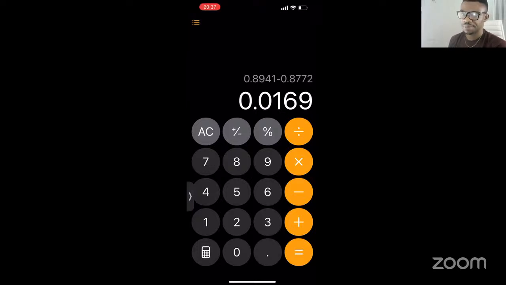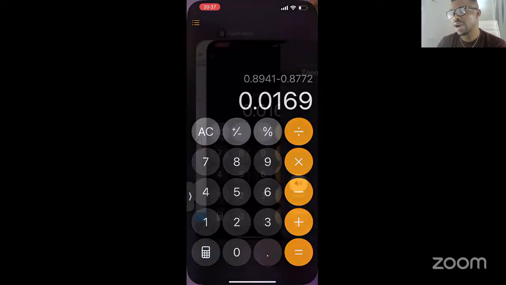That's 1:3. So this kind of asset can deliver 150 pips in a week.